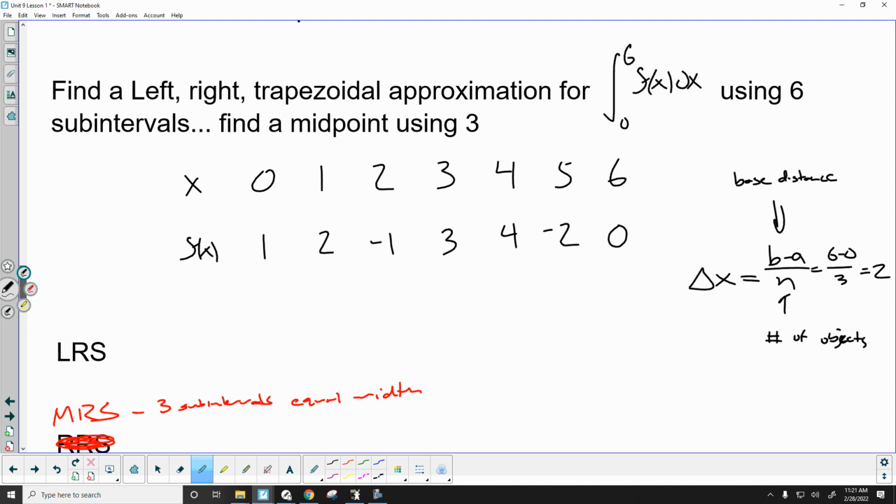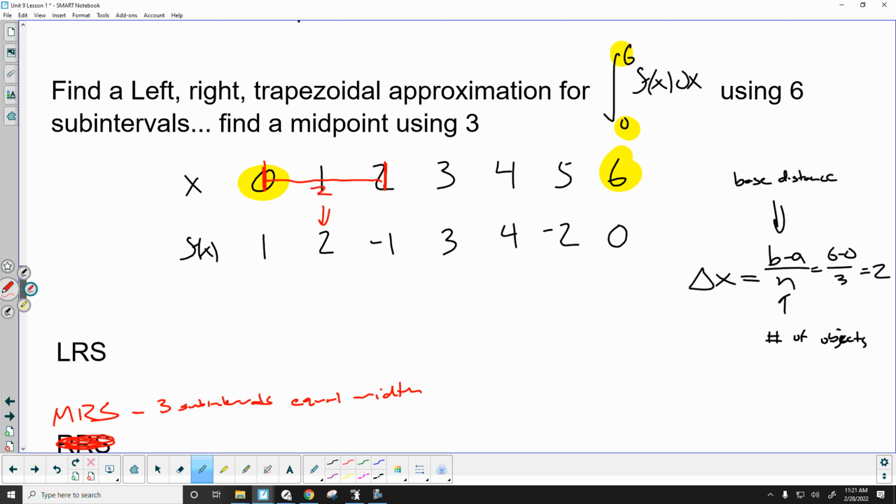Do you have a question? Okay? Now, you're starting at 0, you're going to 6. You have to have 0, you have to have 6 down. But you would go from 0 to 2. That would be object number 1. What is the base length? 2. What is the height you're going to use? The y value over the middle, which you have. You don't calculate it, it's given to you.